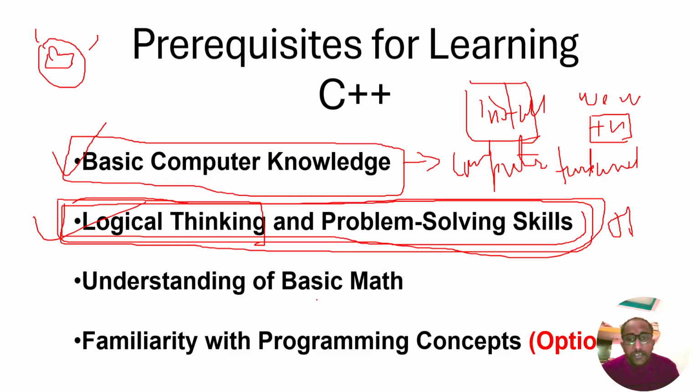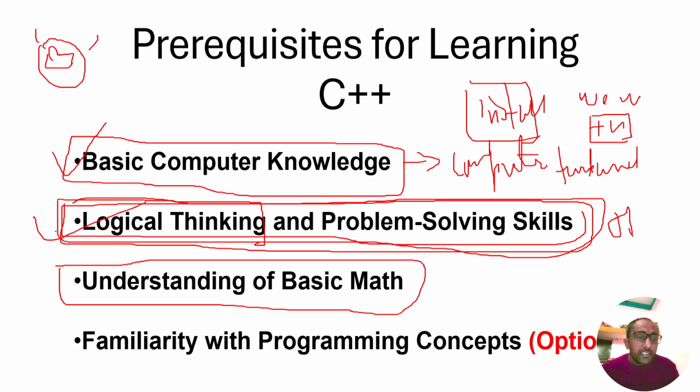And the third one is understanding of basic mathematics. Mathematics is mandatory in any programming language. Concepts like arithmetic operations, algebra, and a bit of logic like and, or, not. It means basic math. We need arithmetic operations: plus, minus, division, modulus.